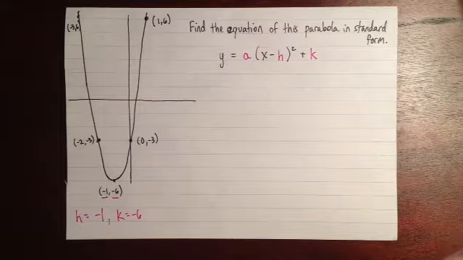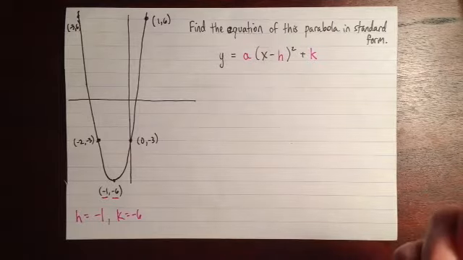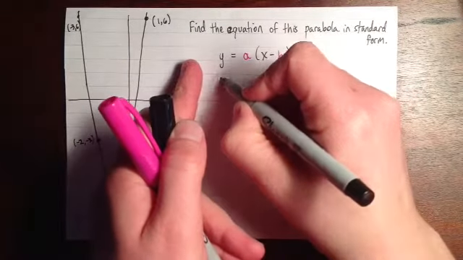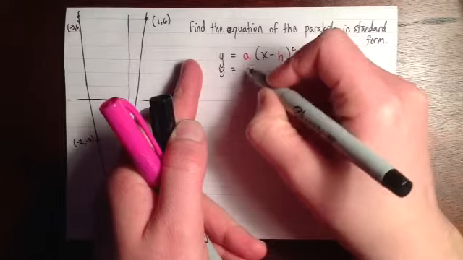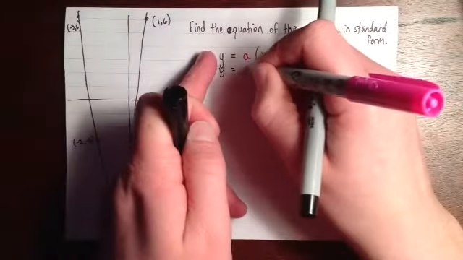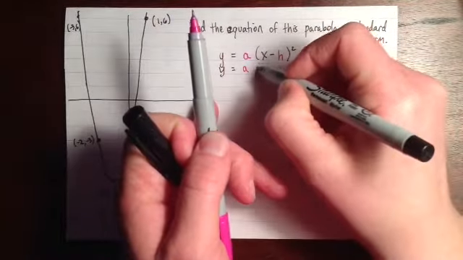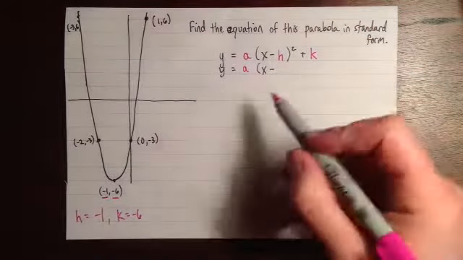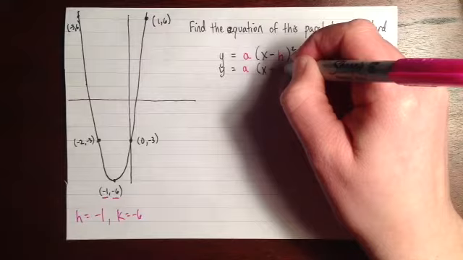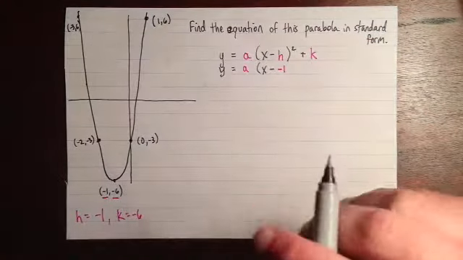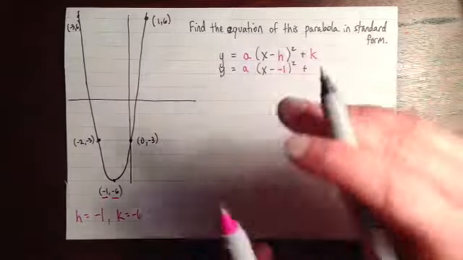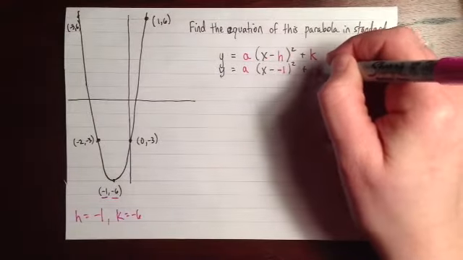What we're going to do right now is substitute those in. So we've got y equals, we still don't know a, times x minus, and for our h value we've got -1, squared plus k, and k is -6.